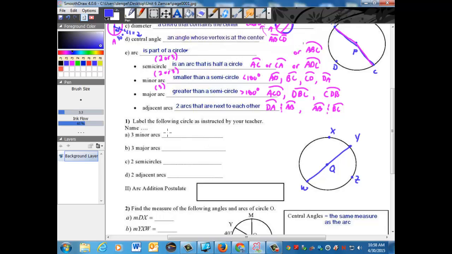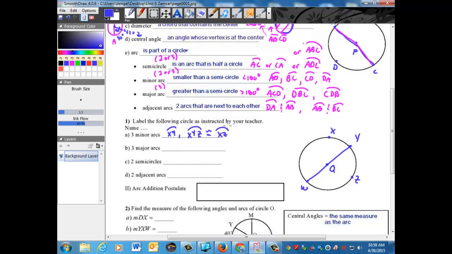Name 3 minor arcs. So that's the easy part, XY. And remember that on minor arcs, we can name 3 letters. So I could actually say this is minor arc XYZ. But just know that arc XYZ is congruent to XZ.